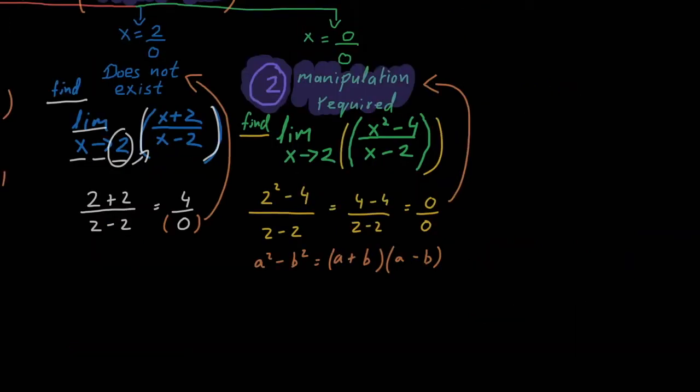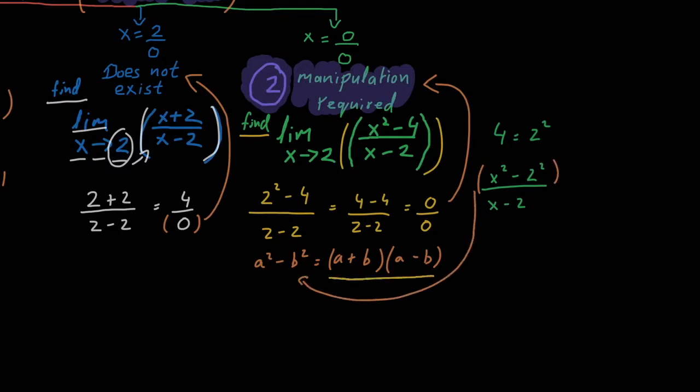For the equation here, we can also write 4 as 2 square. So the equation would be x square minus 2 square divided by x minus 2. Now the numerator has reached this form, which can be written as this.